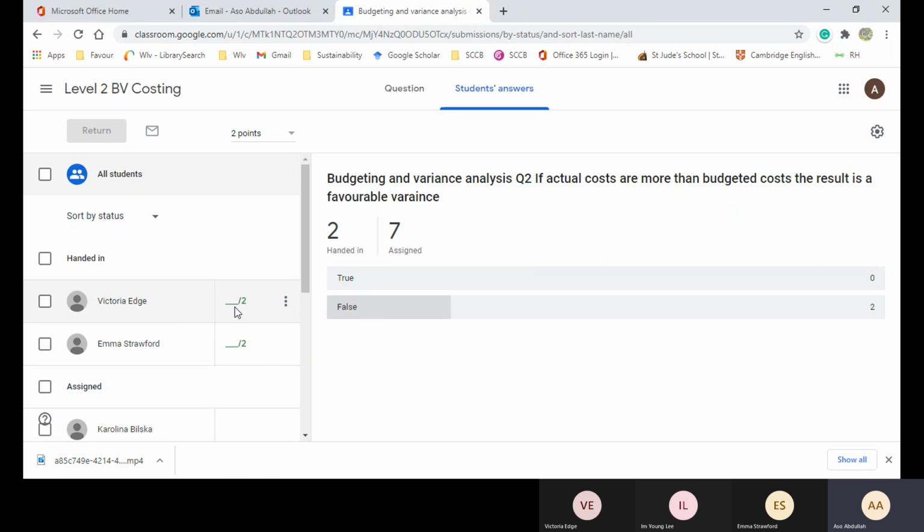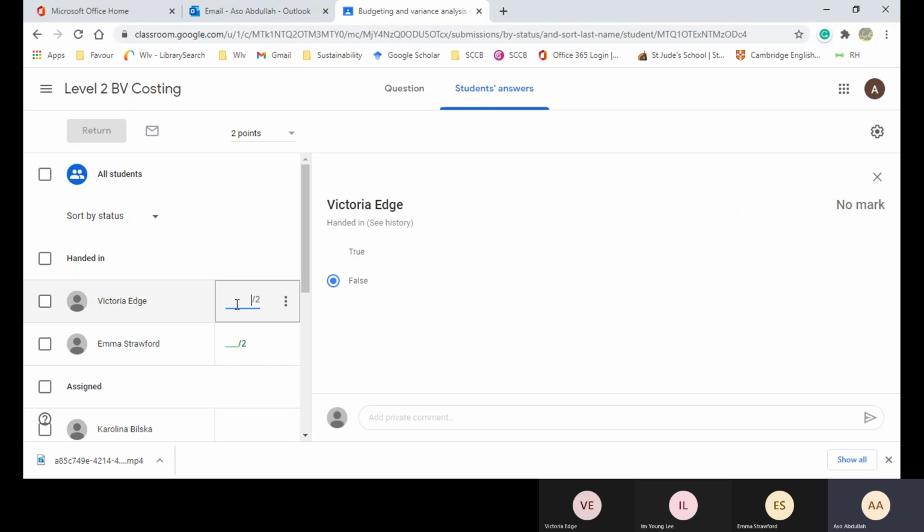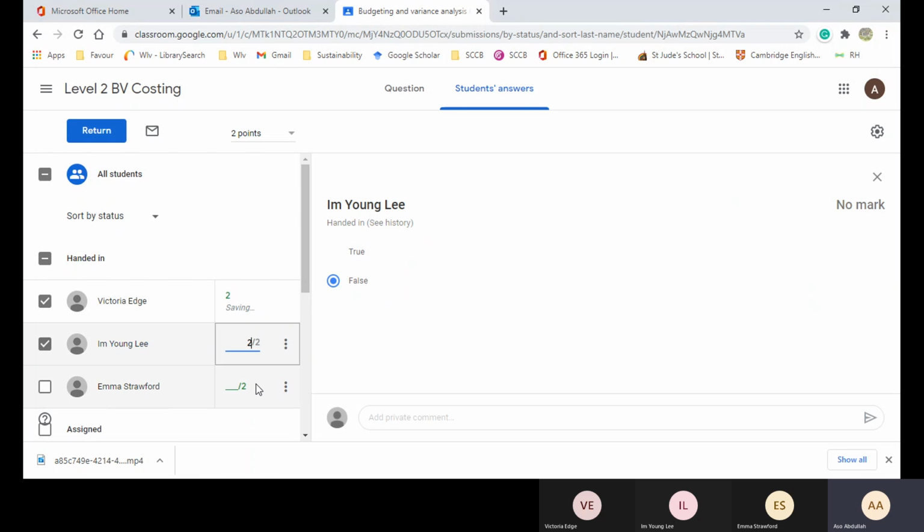Well done for both of you. Absolutely, you are right. This is cost. So always you try for your actual to be less than budgeted. Thank you very much. Totally right.